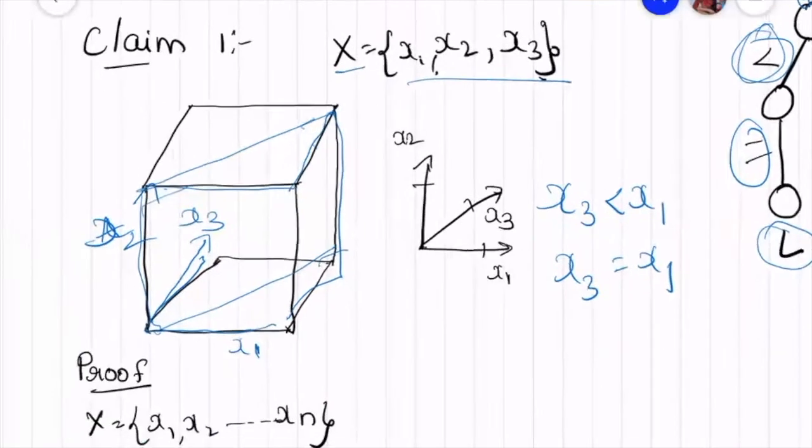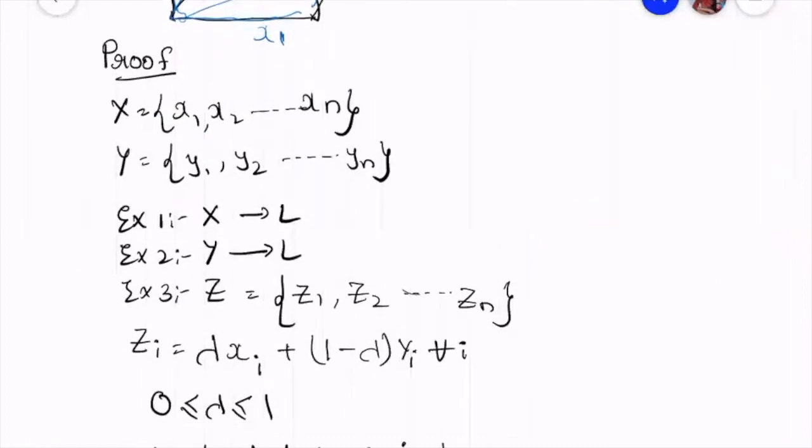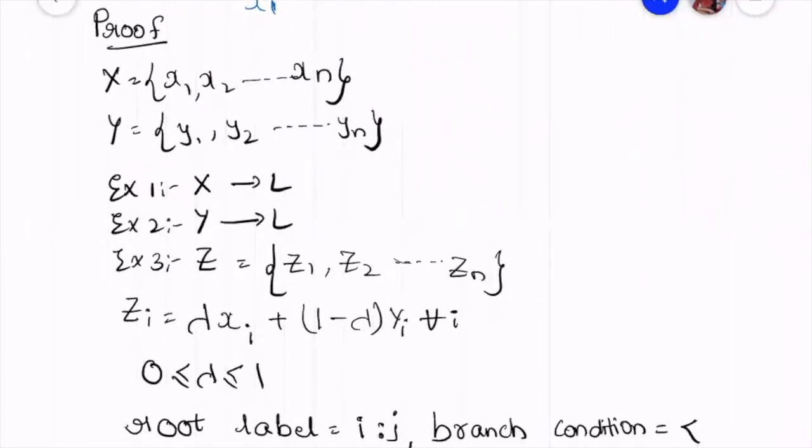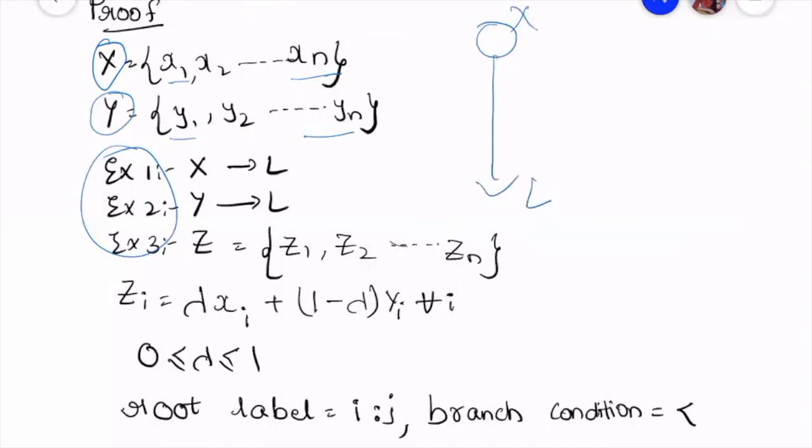Now let's see that R of L is connected in a more formal way by doing this proof. For this proof, we are considering X instance, which consists of x1 to xn coordinates, and Y instance, which consists of y1 to yn coordinates. In this proof, totally there will be 3 executions. In the first execution, the X instance will reach the L node in a specific path.